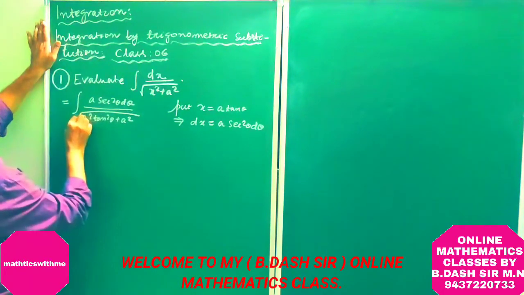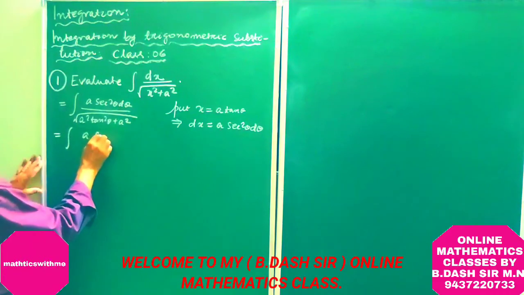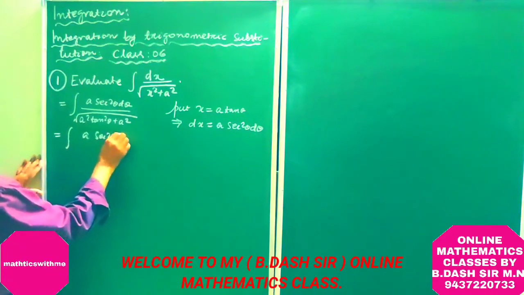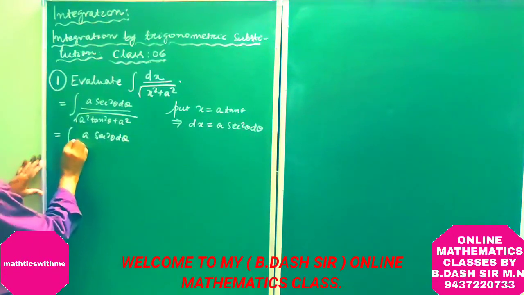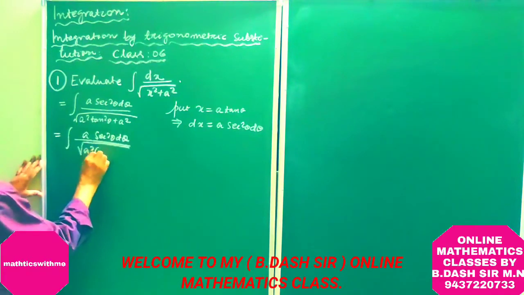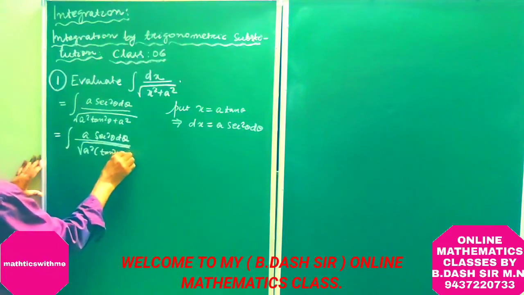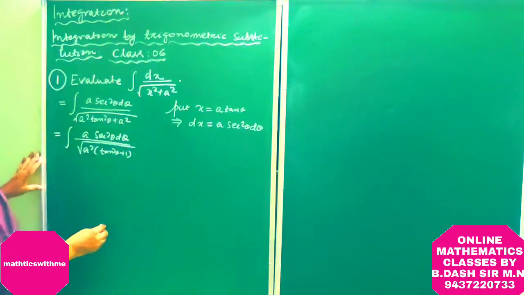This is equal to a sec square theta d theta divided by a times the root of tan square theta plus 1.